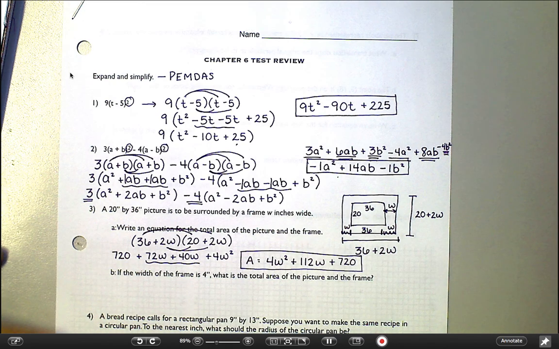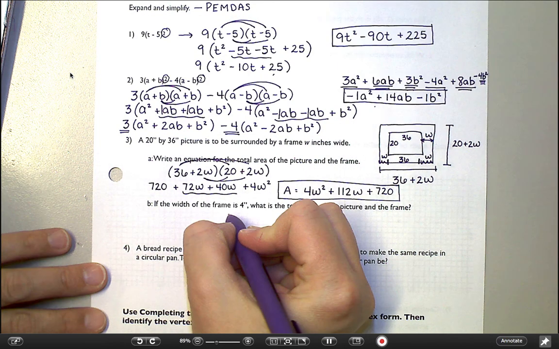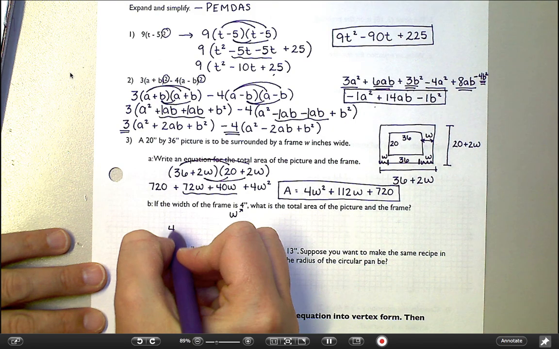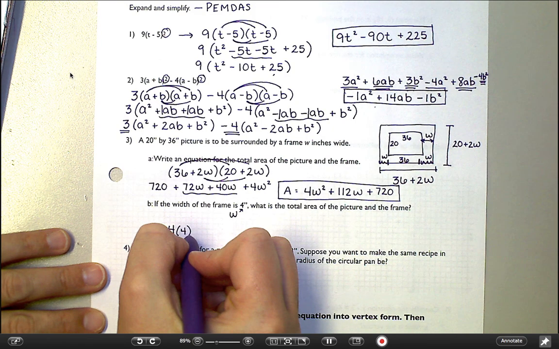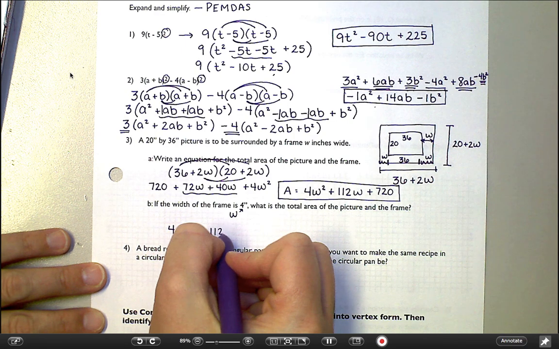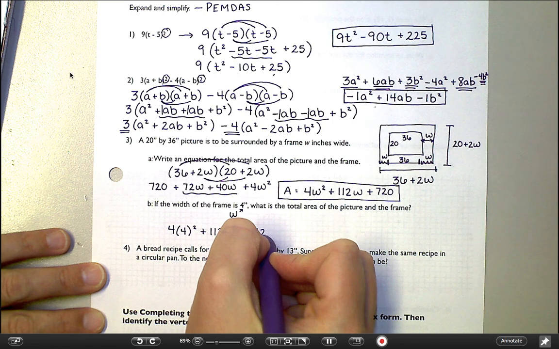Okay, and that's it. So now it says if the width of the frame is 4 inches, what is the total area? Really all this is telling me is that W is equal to 4. So I'm going to do 4 times 4 squared plus 112 times 4 plus 720.